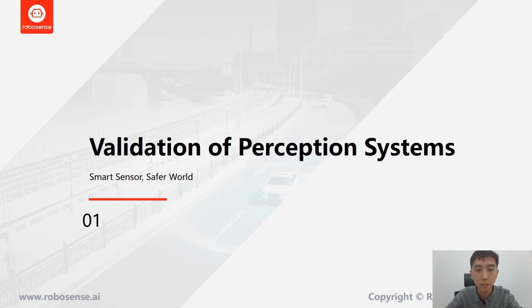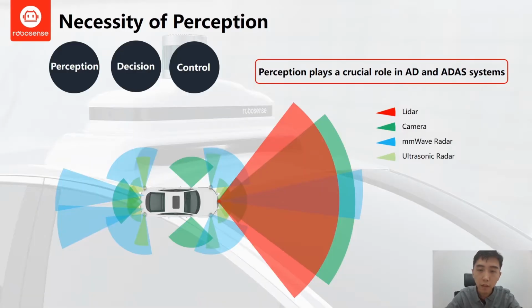So let's start with the validation of perception systems. For AD or ADAS systems, usually there are three parts: perception, decision, and control. Perception is the first step. And if there is anything wrong with this part, the whole system fails.